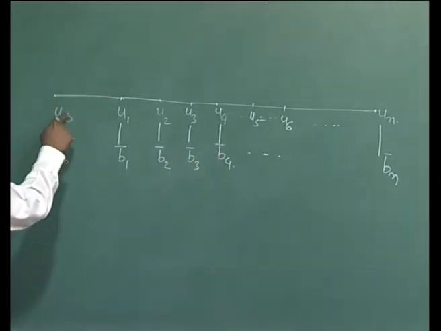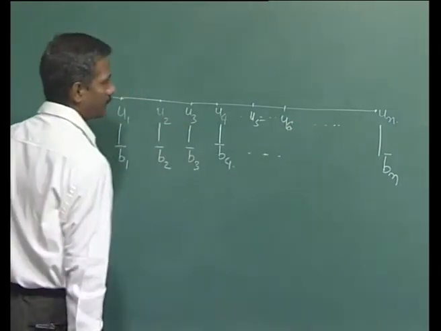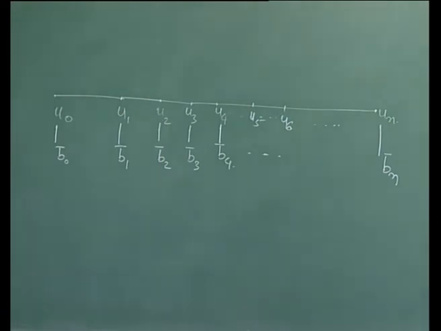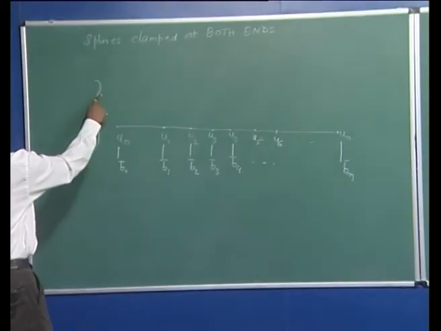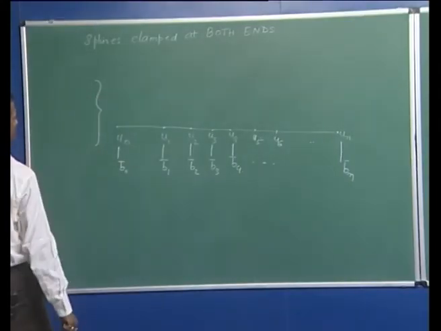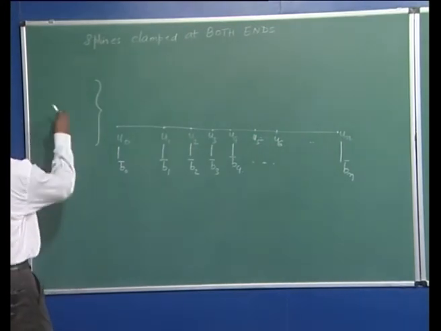But note that these values u0, u1, u2 up till un, they are all scalars. Now by this time, I have determined my first p knots.